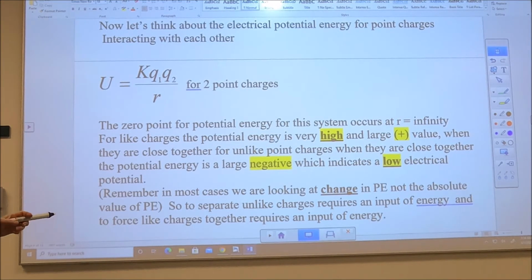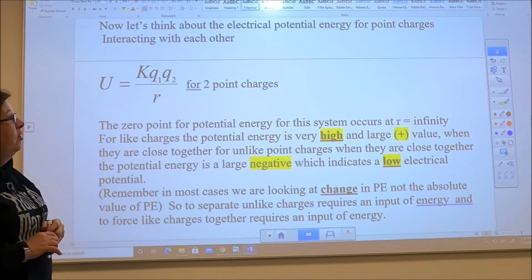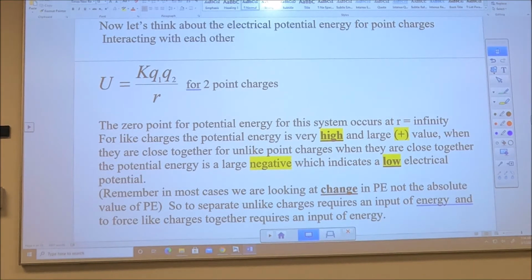The 0 point for potential energy when we're dealing with 2 point charges interacting is at r equals infinity. If they are both positive charges and I bring them in very close together, they're going to have a very high potential energy. If I have two negative point charges and I bring them in close together, they're also going to have a high potential energy.